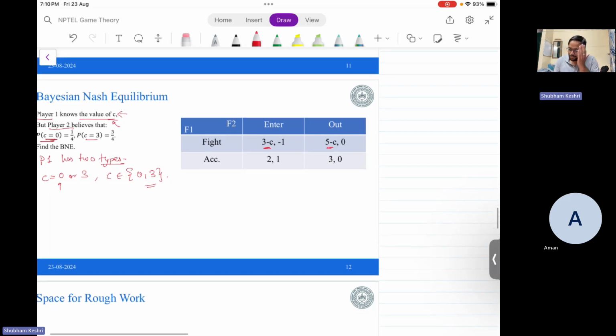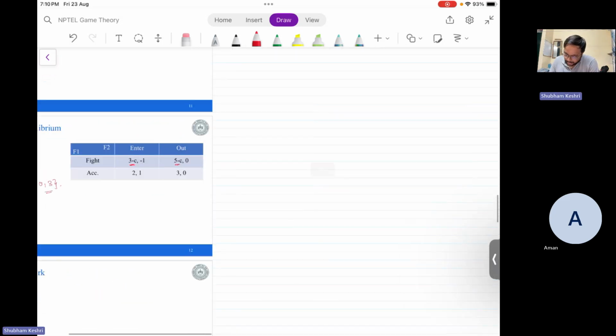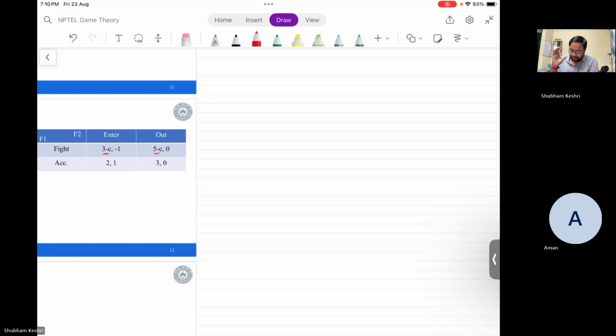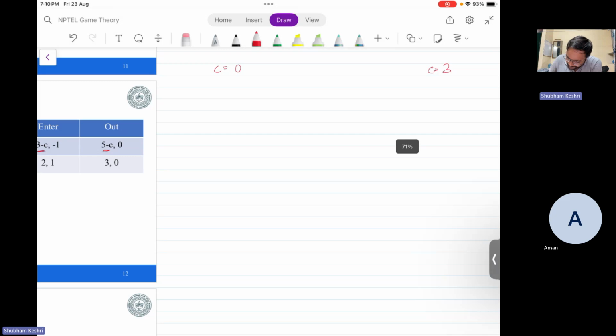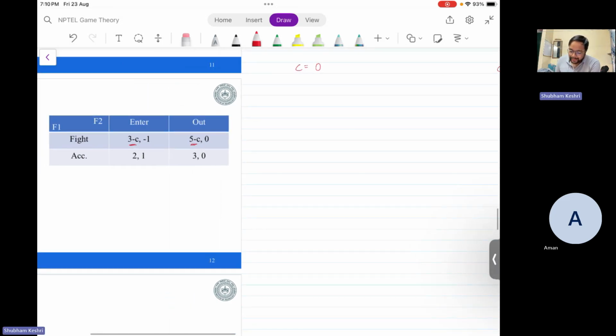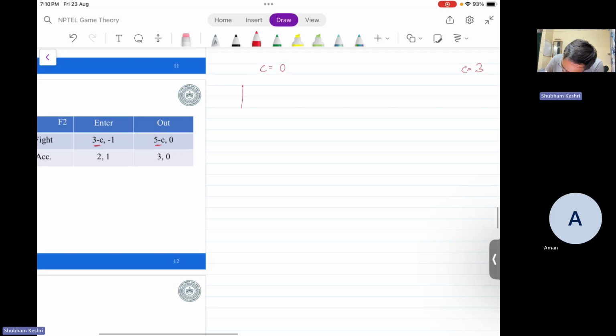So let us just draw the game table. For C equals 0 we will draw, and for C equals 3 we will draw. So this is an entrant game. We had seen this game. He can either enter or remain out, and the incumbent can either fight or accommodate. So I'll just write it over here again.